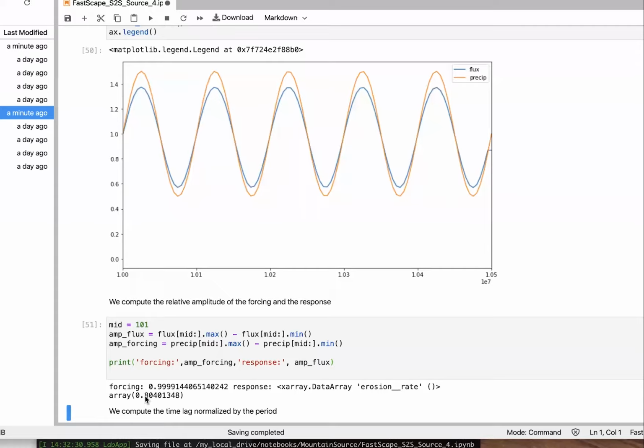They increase when the precipitation increases, but the amplitude of the signal is controlled entirely by m, the area exponent. We all get that?